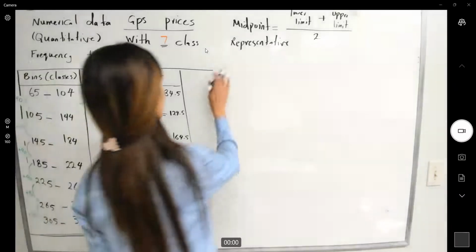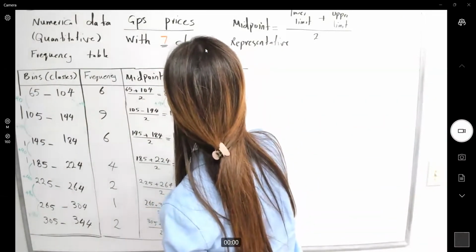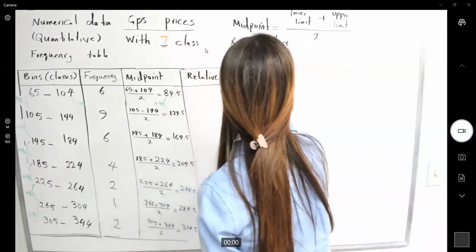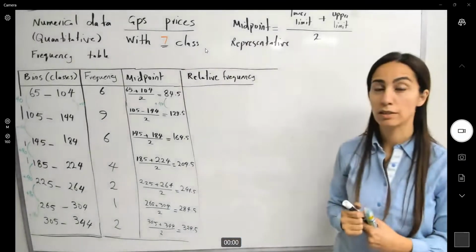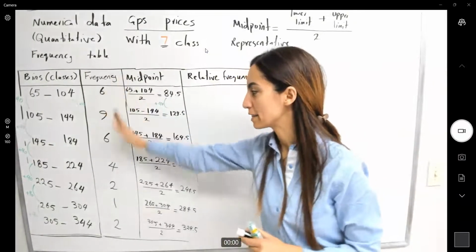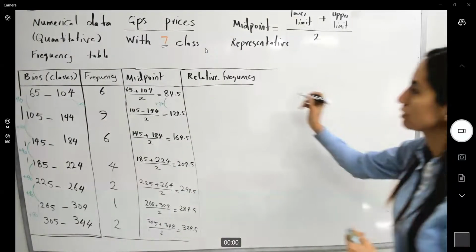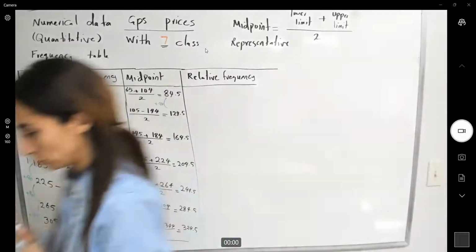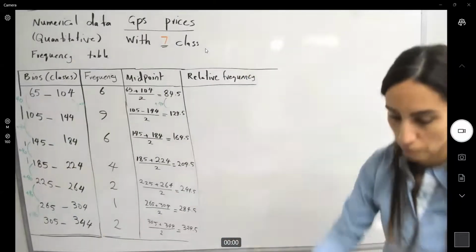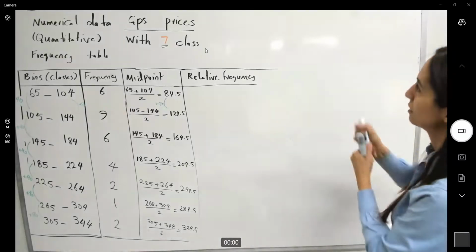Very well. The next thing that we're going to find is relative frequency. Okay. The formula for relative frequency is doing the division. You're going to take the frequency of each class and divide it by the sum of all frequencies. So relative frequency, let me write down the formula on top here for you. Relative to the rest of these classes, what is the frequency?